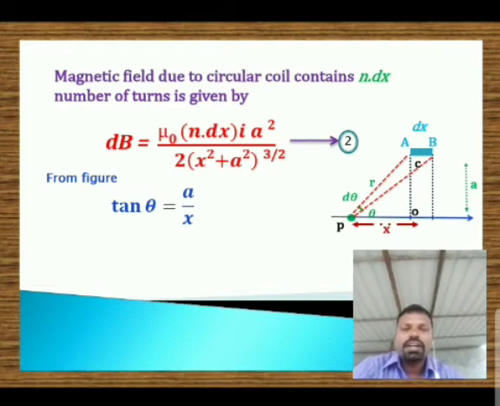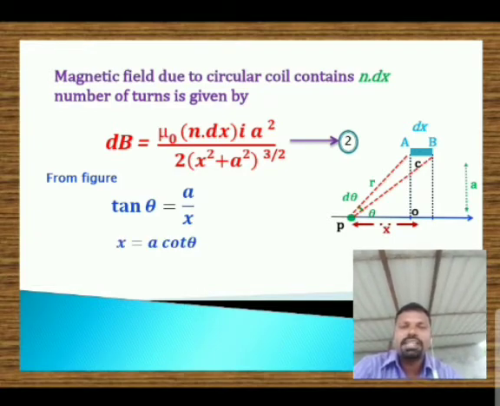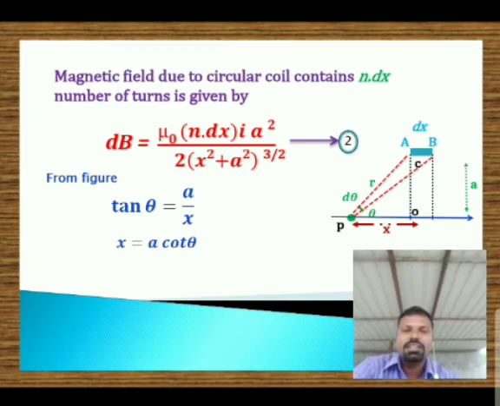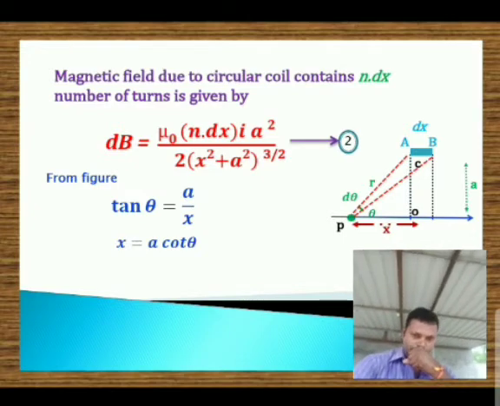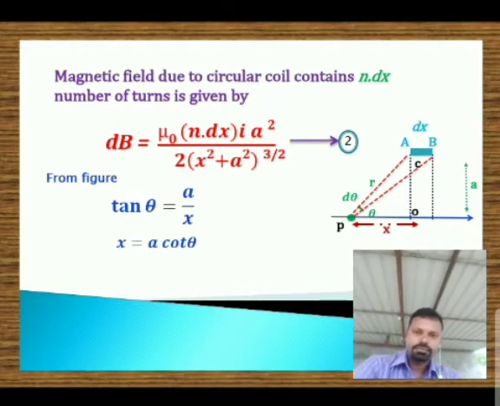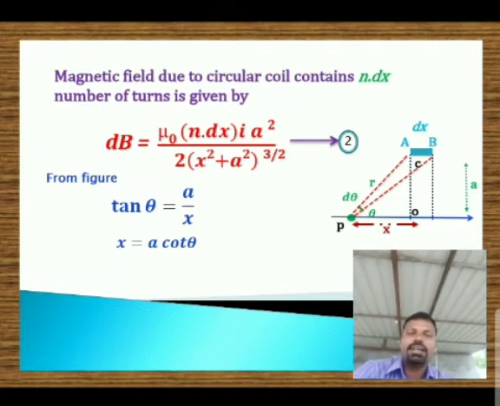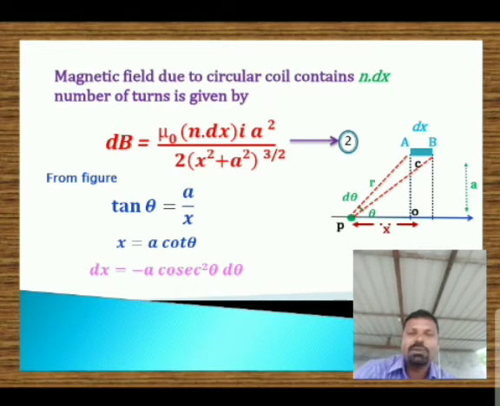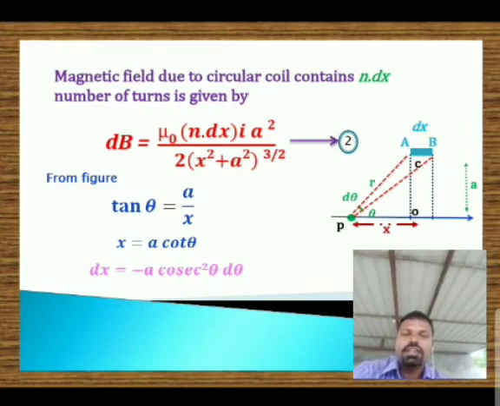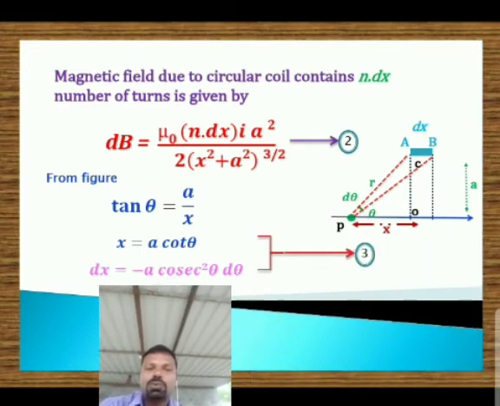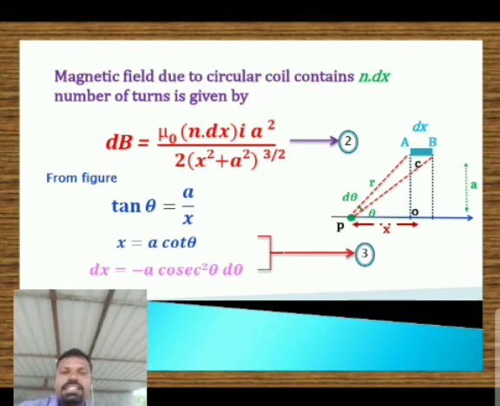So x is equal to a cot theta, since 1 by tan is cot theta. Differentiate both sides: dx is equal to minus a cosecant square theta d theta. This is equation 3.